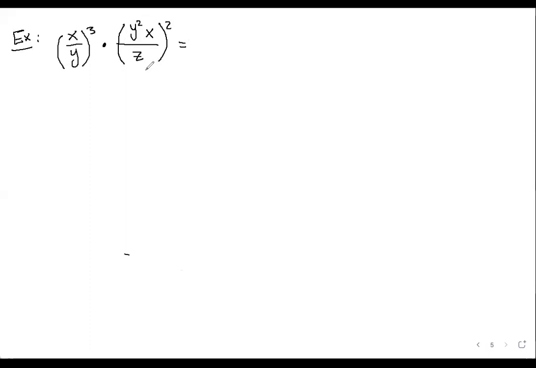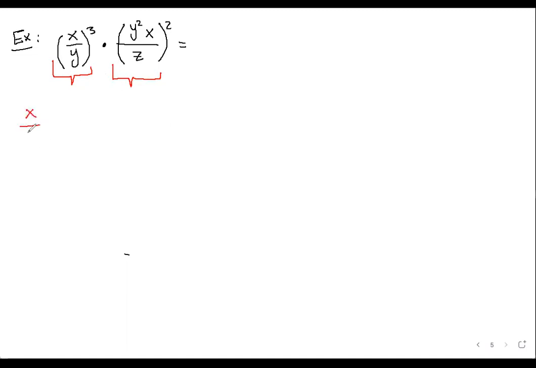So again, how do I start thinking for this one? By using the same idea as before. I start from this term and simplify it. I go to the second term and simplify it. Both of the answers I multiply together.